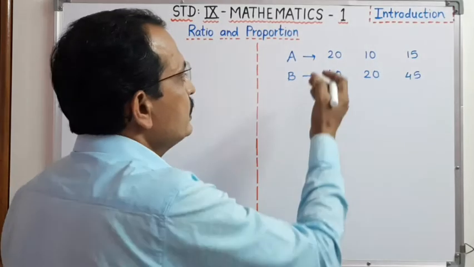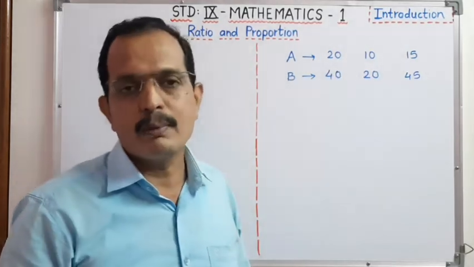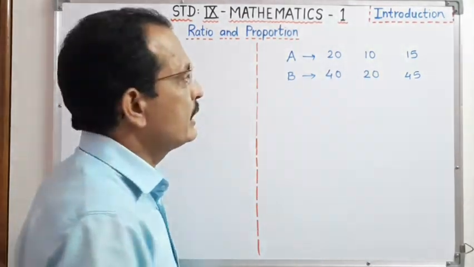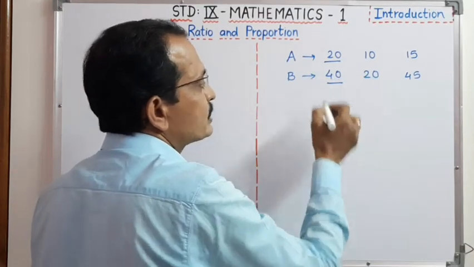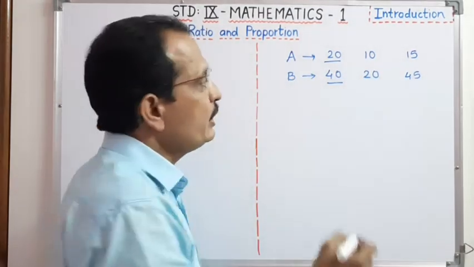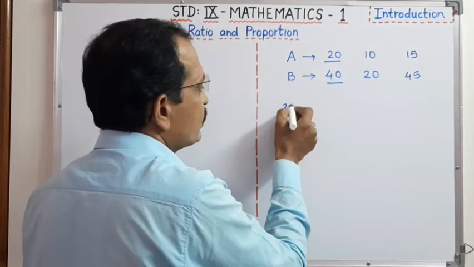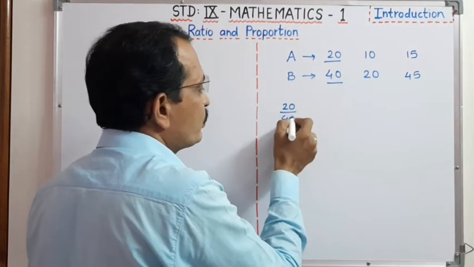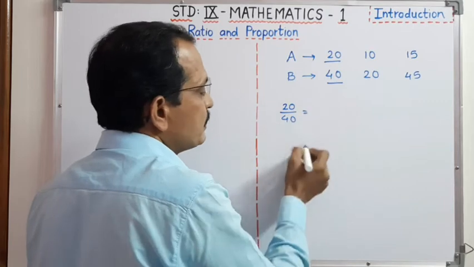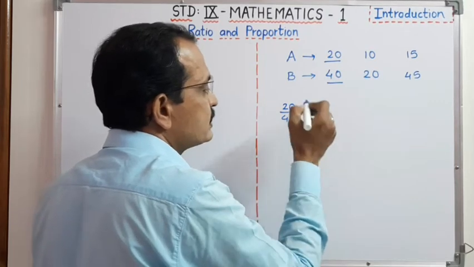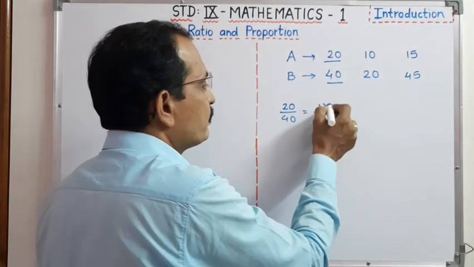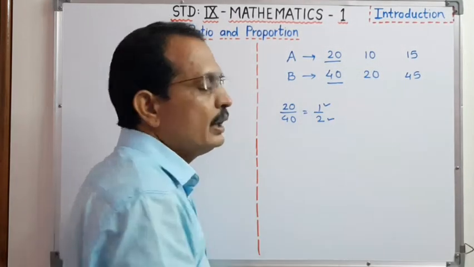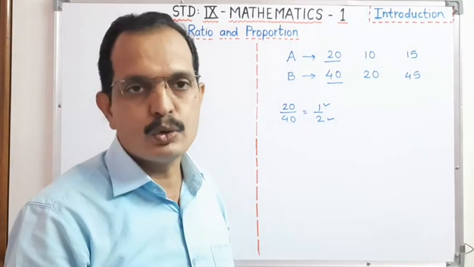But there is another way of comparison. If we observe the marks of student A and the marks of student B, and if we take the division of these, that is 20 upon 40, and simplify this, we get the answer 1 upon 2. That means when A gets 1 mark, at the same time B gets 2 marks.